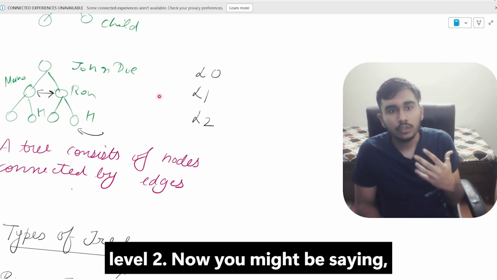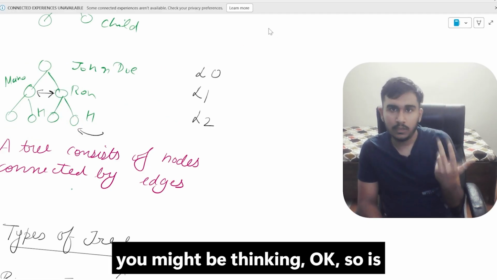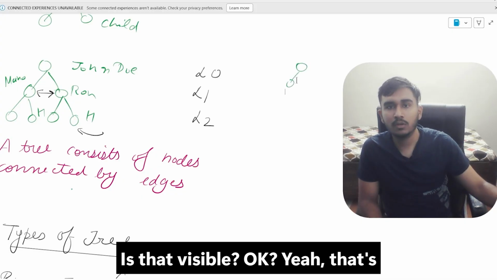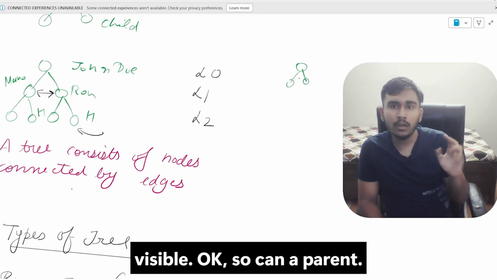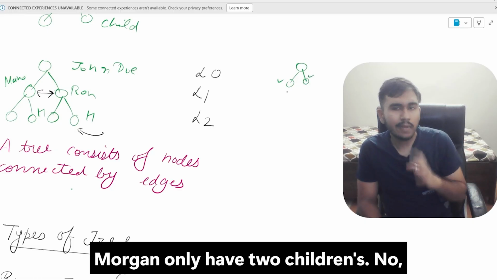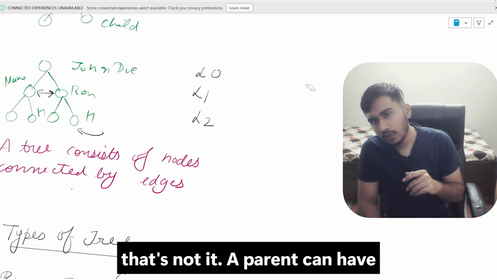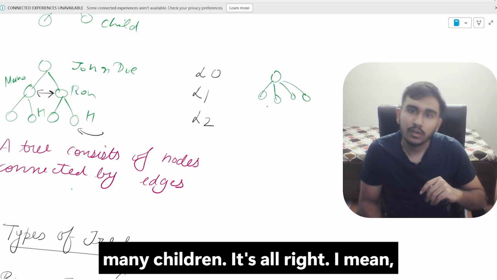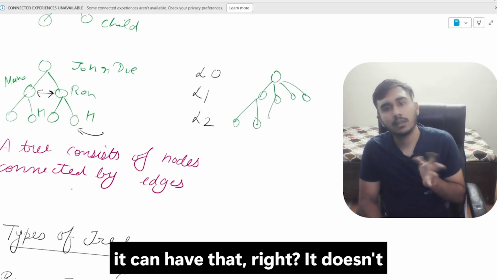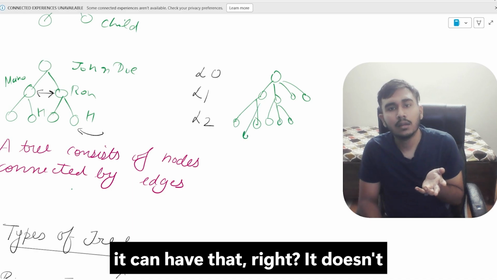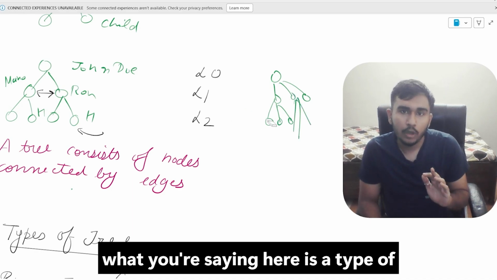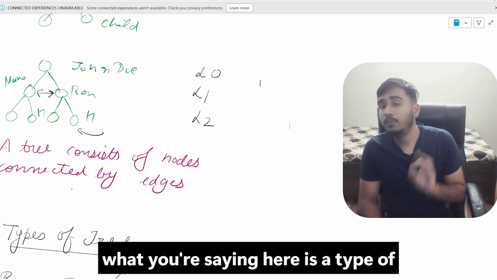Now you might be thinking, okay, can a parent only have two children? No, that's not it. A parent can have many children. It doesn't matter. What you are seeing here is a type of tree.